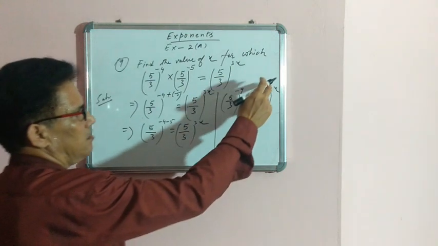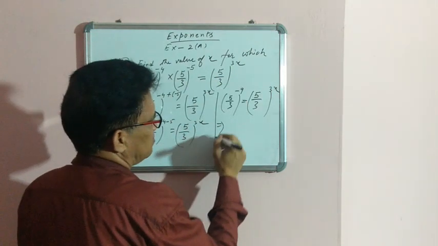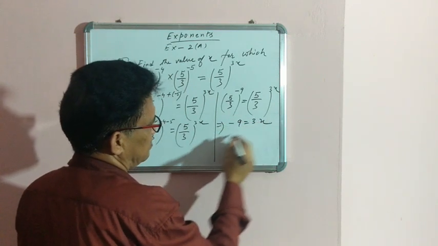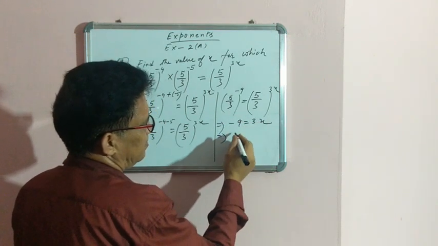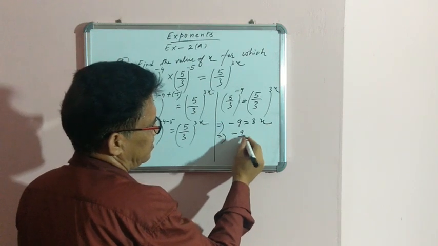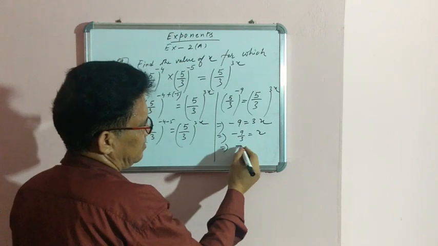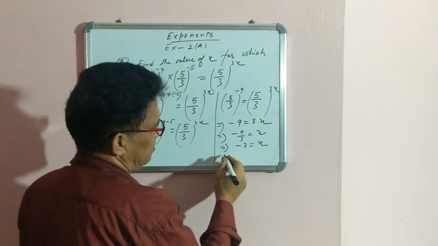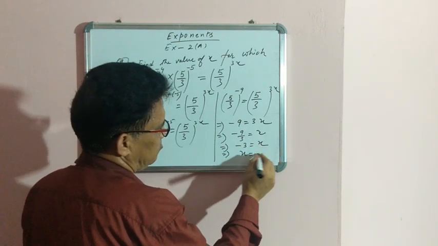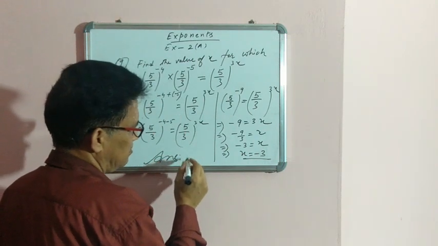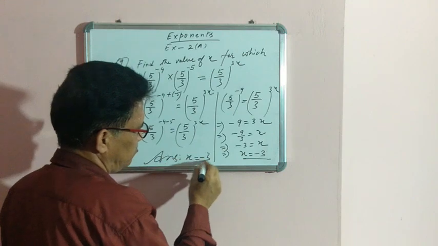So we will equate the exponents. This implies that minus 9 is equal to 3x. This implies that minus 9 divided by 3 is equal to x. This implies that minus 3 is equal to x, or x is equal to minus 3. So our answer is x is equal to minus 3.